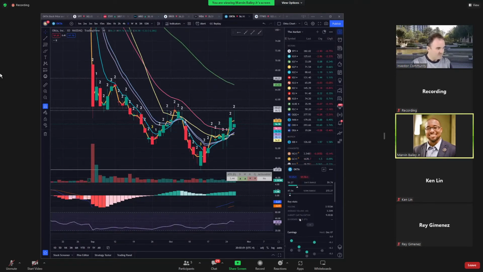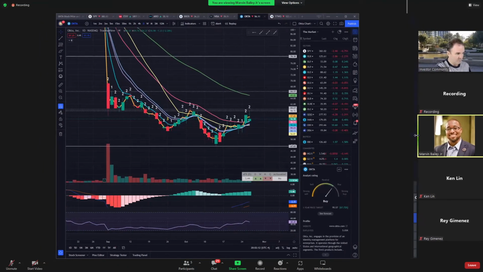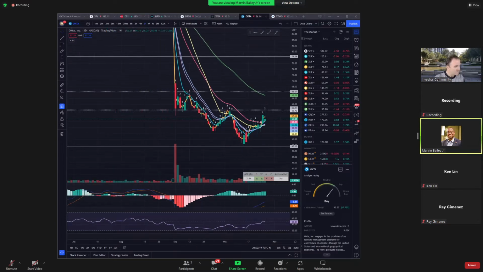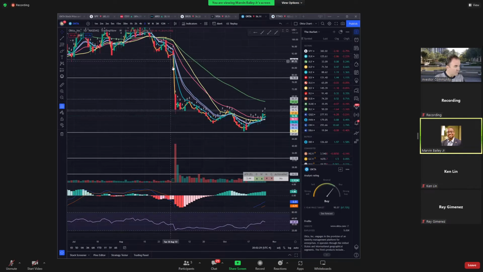OKTA is an identity management platform. In terms of tech, I was messing around in TradingView's stock screener, and they just stuck out to me. The RSI was improving, the MACD was improving, and it had a vicious move on earnings back in August.